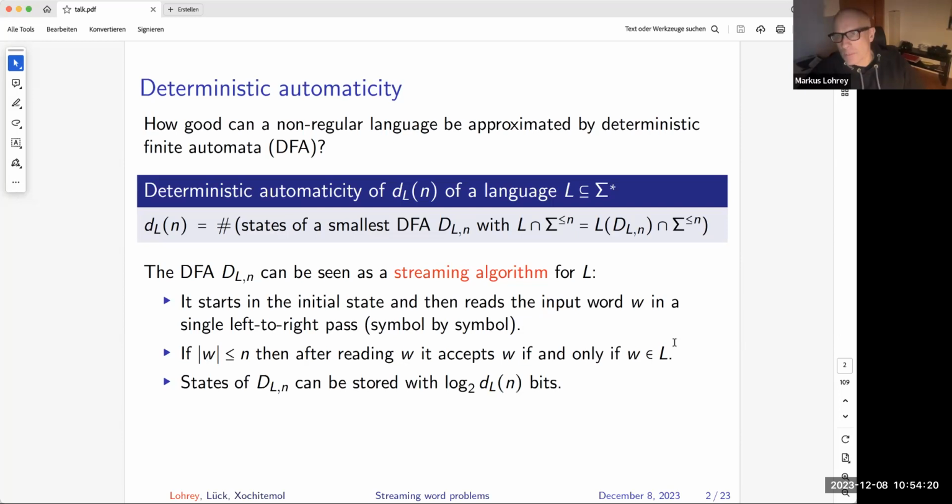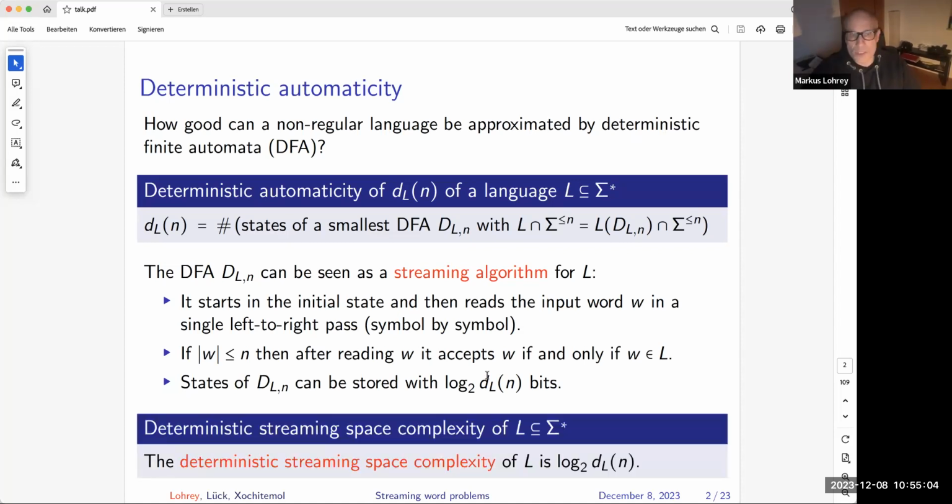In streaming algorithms, people are usually interested in the space complexity, and that's what we also want to do. The space complexity of the streaming algorithm can be nicely defined in this automata setting. Namely, the states of this automaton can be stored with binary logarithm of the deterministic automaticity many bits, because this is the number of states that you have in the automaton D_L,n. If you have D_L(n) many elements, you can uniquely store them using the binary logarithm of this number of bits.